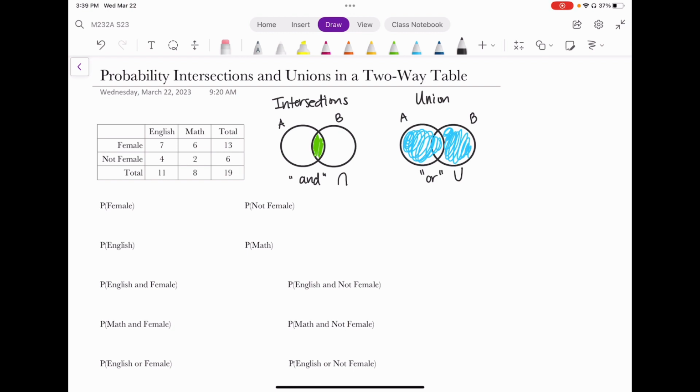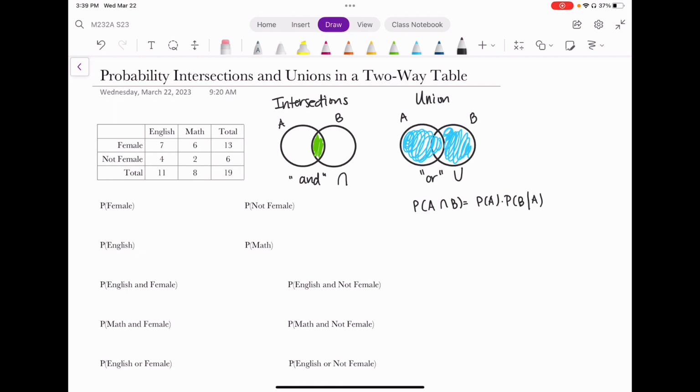Now, intersections and unions are calculated in different ways using formulas. I will show you the formula, even though we're not going to use them for a two-way table. For an intersection, the probability of A and B is calculated by taking the probability of A times the probability of B given A. That is the general multiplication rule.